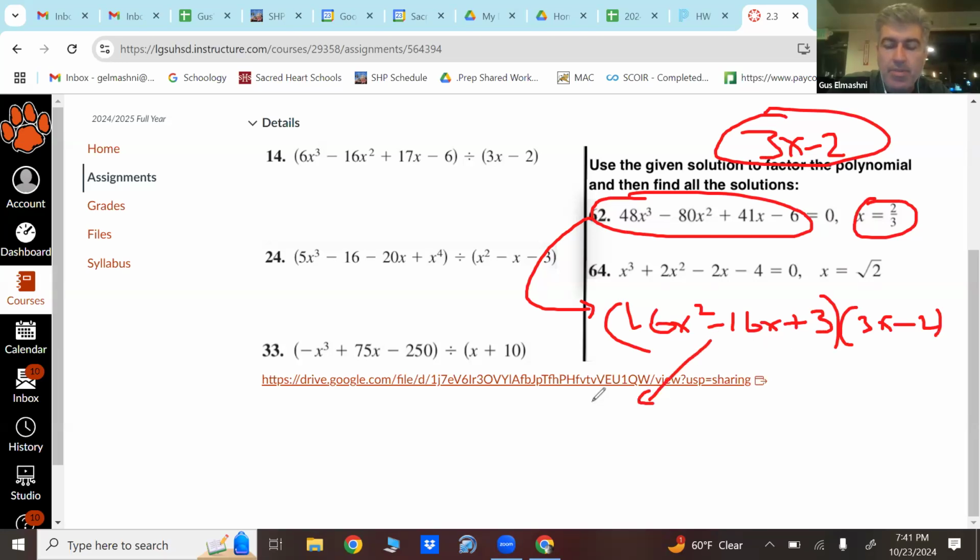Okay, then you need to factor this further. I mean, we should be a little more formal about this, but actually I think it comes out like that.